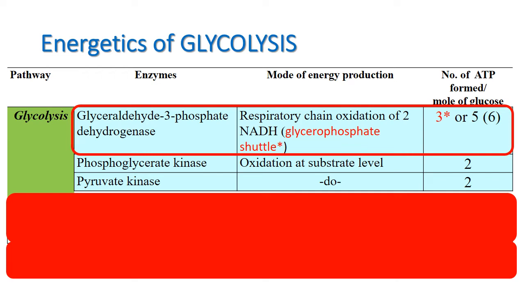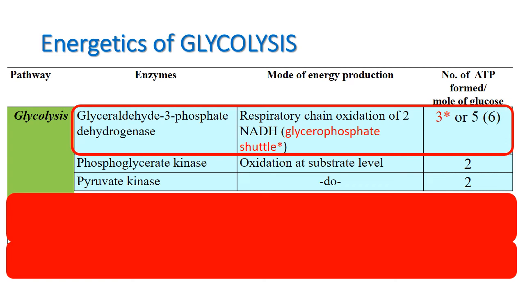If NADH gets oxidized through the respiratory chain, then there is a production of 2.5 ATPs per NADH. And if NADH is utilized through the glycerophosphate shuttle, then there is production of only 1.5 ATPs. So in total 3 ATPs, because 2 NADH are produced at this step.